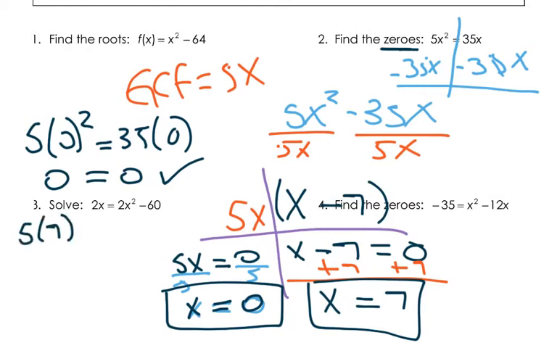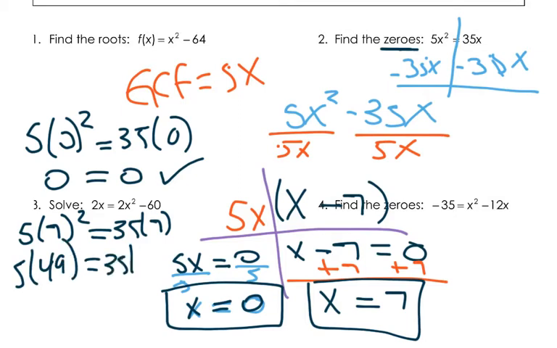So 5 times 7 squared equals 35 times 7. 7 squared is 49, so 5 times 49 equals 35 times 7. Using my calculator, my bestie, 5 times 49 is 245, and 35 times 7 is 245. Okay?